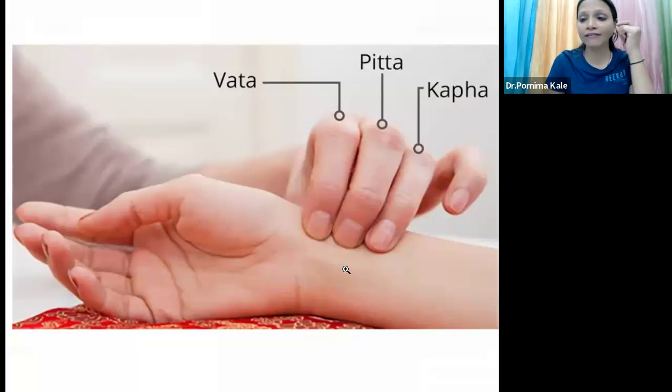Okay, if you have any pains in your body, you will have Vata dosha prominence beating. If you have hyperacidity, you will have Pitta dosha beating more. And if you have cough, cold, fever, obesity, then you can get Kapha dosha beating. So this is actually a deep concept.